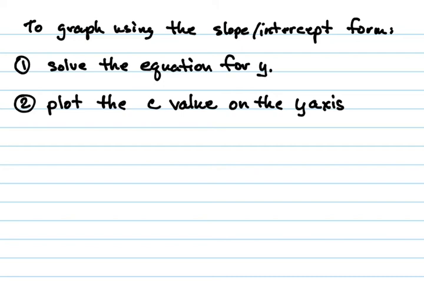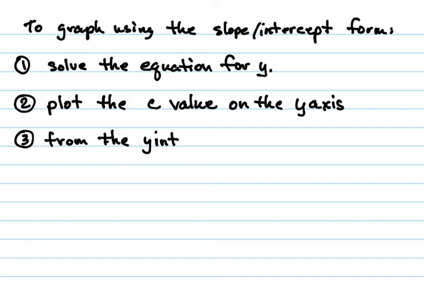Then comes the only part where you have to actually do any math other than moving around your equation, and that math is going to be counting from the y-intercept. Now be careful here, because usually you go back to the origin to graph, but this time, using this particular process, you're going to be counting from the y-intercept.